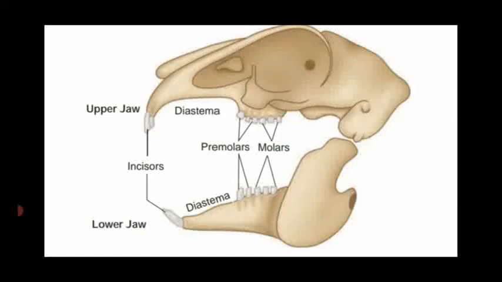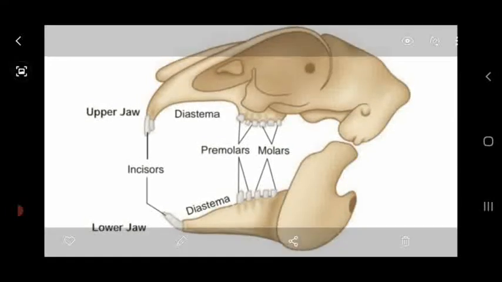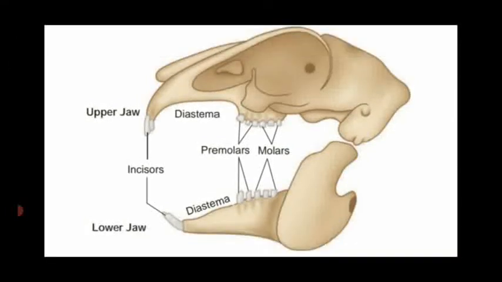But see the diagram, incisor is there, premolar is there and molar is also present, but there is no canine. That is a gap between the incisor and the premolars. It's named diastema due to the absence of canine.